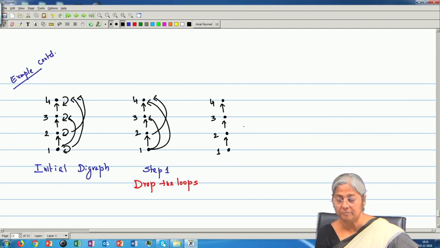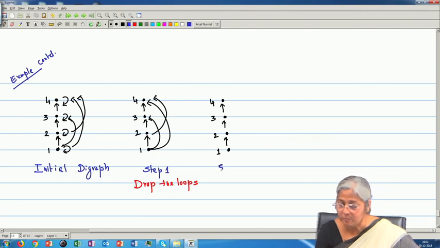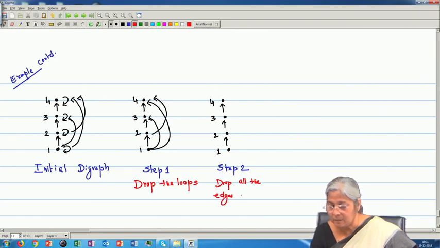So, all the transitive edges we drop. So, this is my step 2. We drop all the edges representing the transitivity.